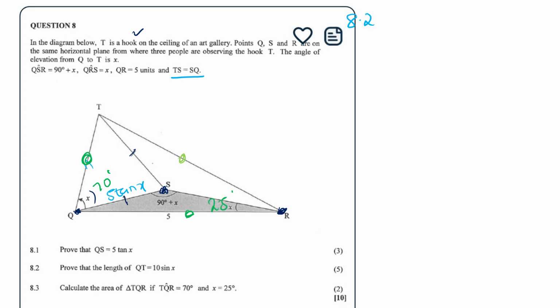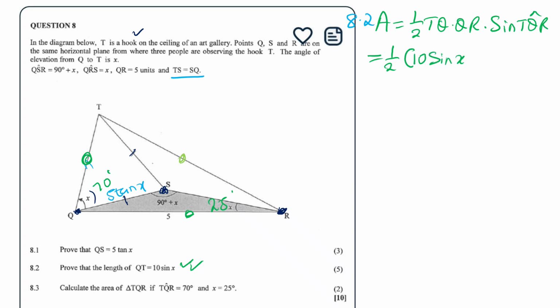To calculate the area, the formula is 1 over 2 times TQ multiplied by QR multiplied by sine TQR. Good. Now 1 over 2, our TQ, which is equal to 10 sine X. Our X is 25, so it is sine 25.